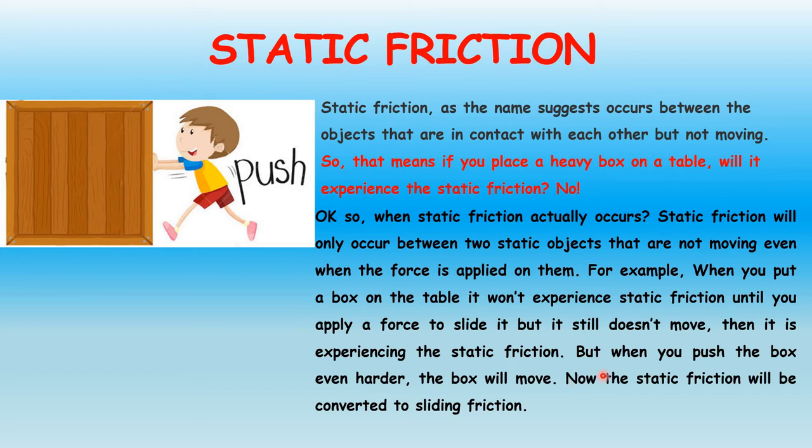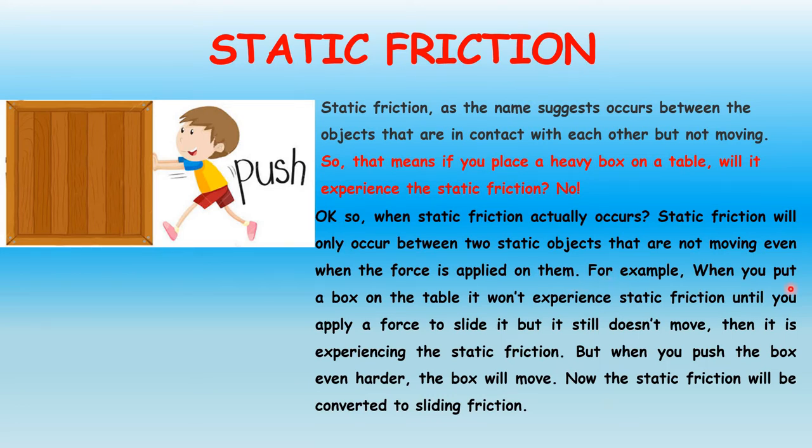So static friction will only occur between two static objects which are at rest, that are not moving even when the force is applied on them. Hope it is clear. If the two objects are simply lying down, there is no static friction. But when you apply a force, and if it is not moving, there is a frictional force which is known as static friction.